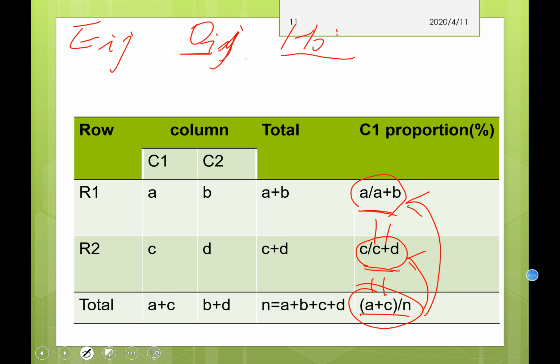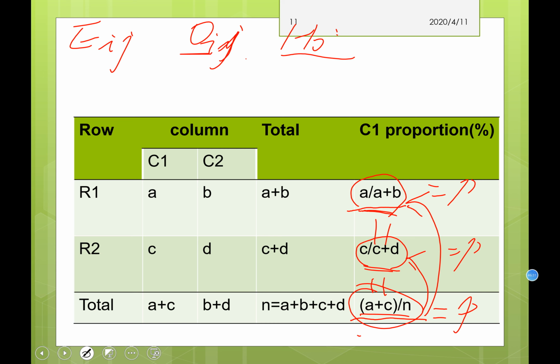Okay, so now let's think about it. If H0 is really true, that means the proportion of group 1 and the proportion of the total are the same. So we can use P as the proportion. All of the three numbers are equal to P.